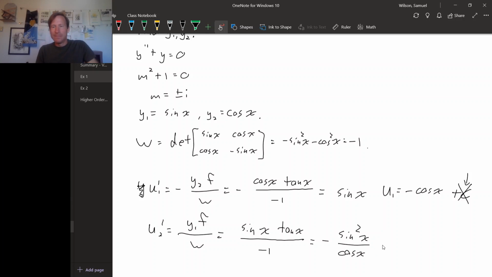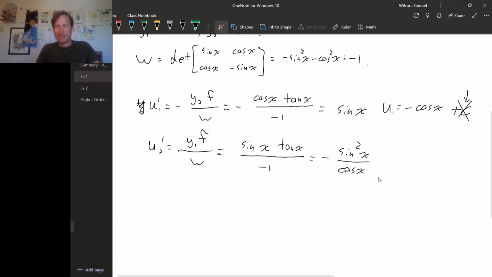All right, so now we need to figure out how to integrate this guy. Having a mix of sines in the numerator and cosines in the denominator is kind of troublesome, but we can make everything cosines if we replace sine squared with 1 minus cosine squared.